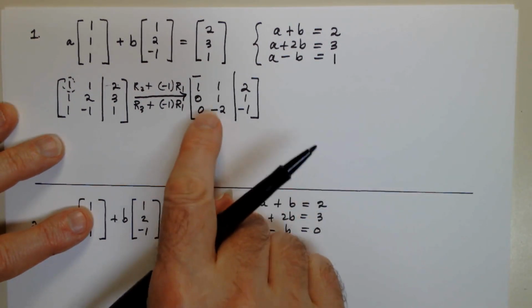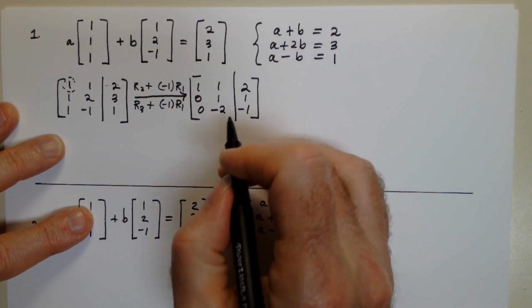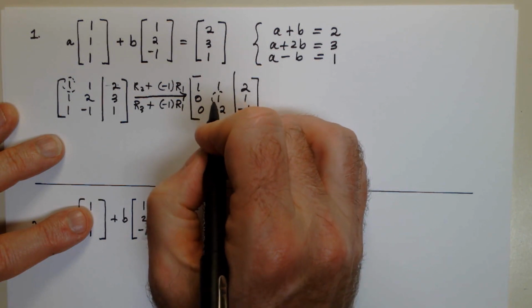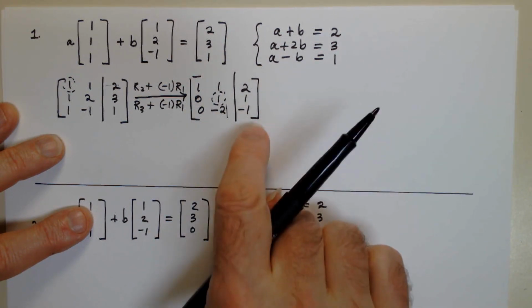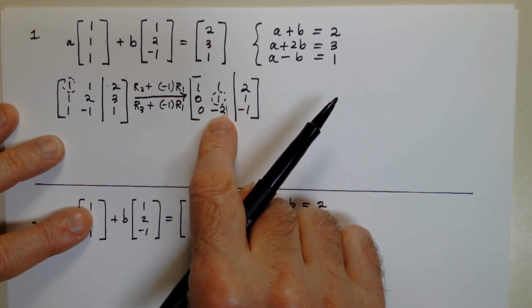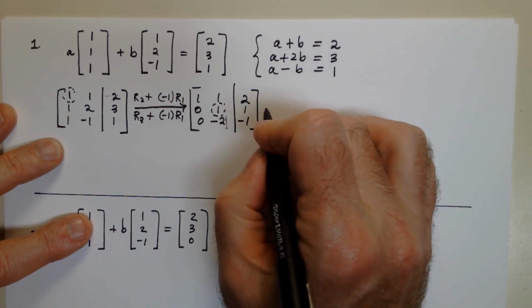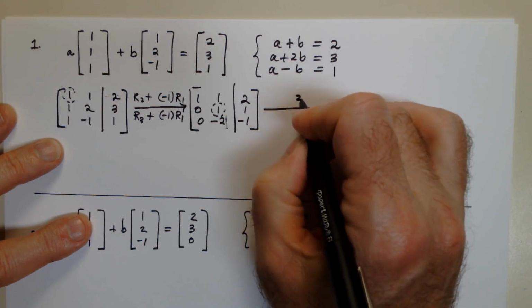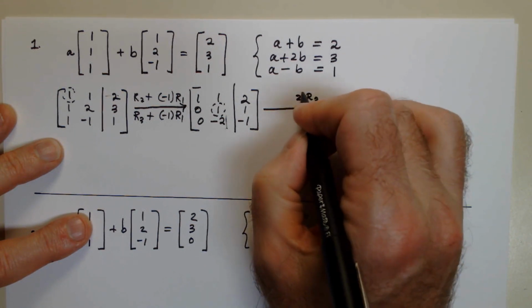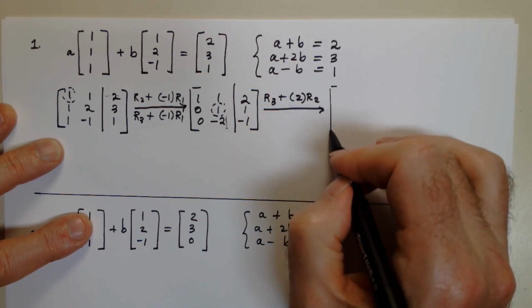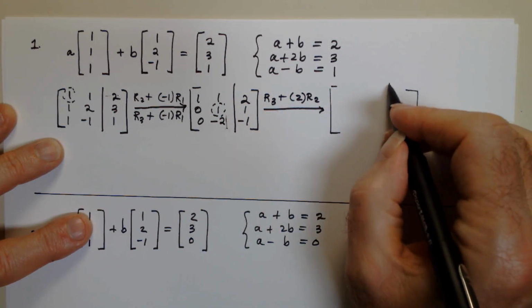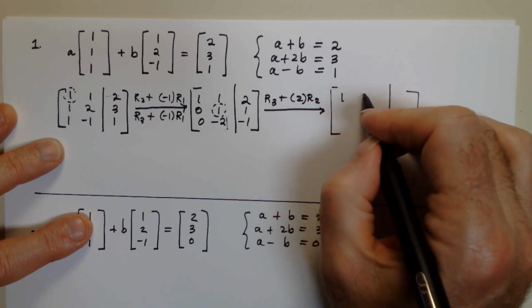And now what I'm going to do is go down my row 2 until I hit something different from 0. So here's my 1. I'm going to use that 1 to eliminate this -2 that sits in row 3. So what do I have to do? I have to take 2 times row 2 and add that onto row 3. Let's see what we get. Row 1 is not changing.